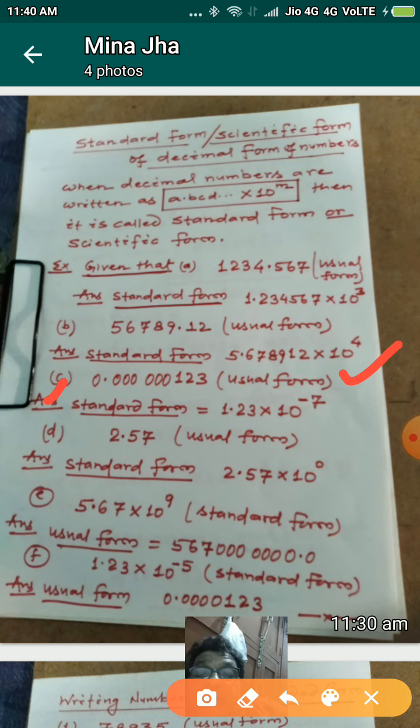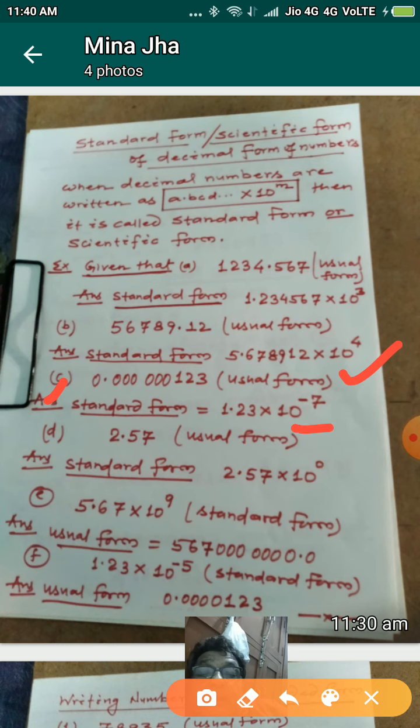So the point should come after 1, so it will be 1.23. Since the zeros are now on the left, there is no need to write them. So it will be 1.23, then multiplied by 10 as per the rule.